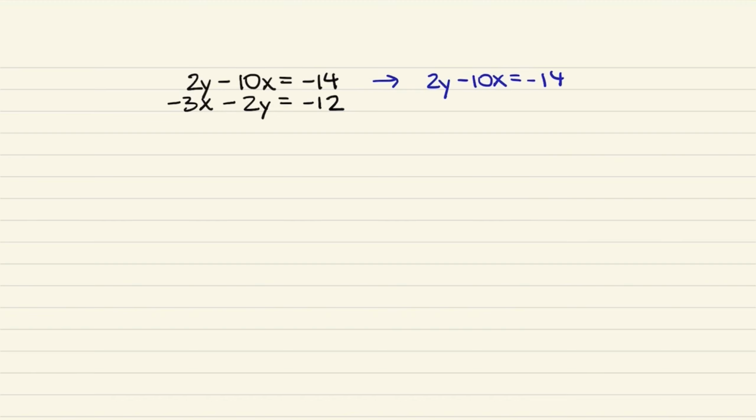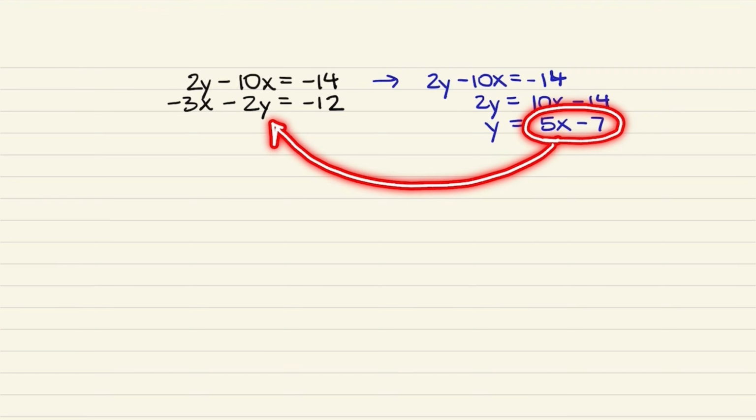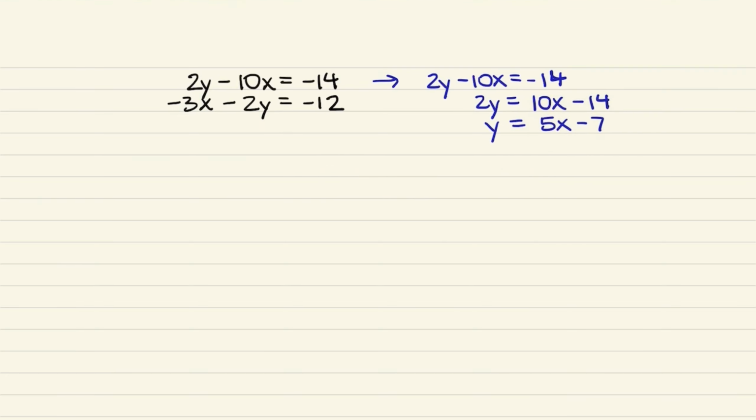Add 10x to both sides. 2y equals 10x minus 14. Divide by 2 on both sides, and y equals 5x minus 7. So now we're going to take our 5x minus 7 and plug it into y in our bottom equation.